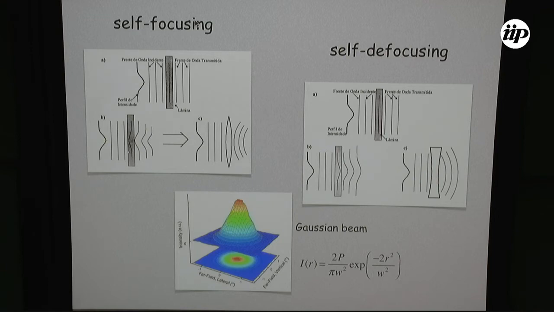Your sample may behave like this, a self-focusing effect, or the other type of behavior is also possible. You have the difference in the velocity of light in the center, the hotter part, and in the colder part here, and you have this type of divergent lens. So your sample will act like a convergent lens or a divergent lens.